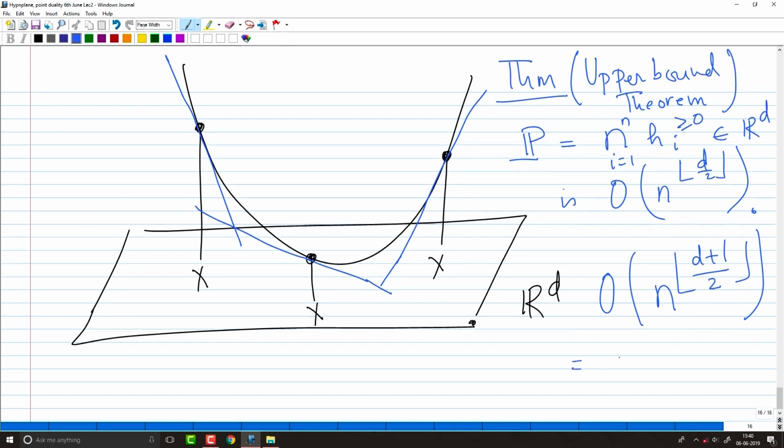This is basically order n to the power ceiling of d by 2. Yes, it becomes a ceiling now. If d is even, you can just check; nothing fancy is happening here.